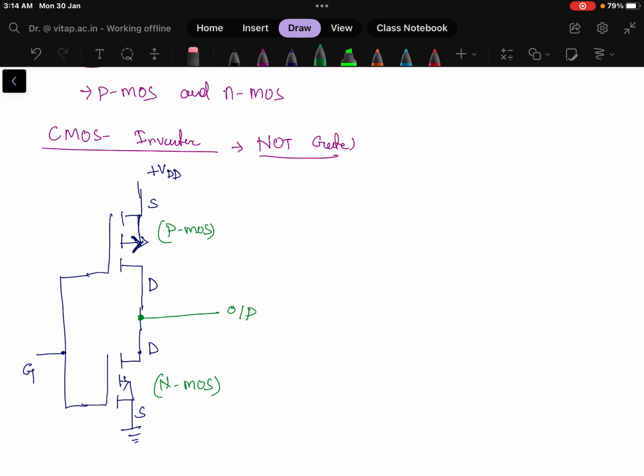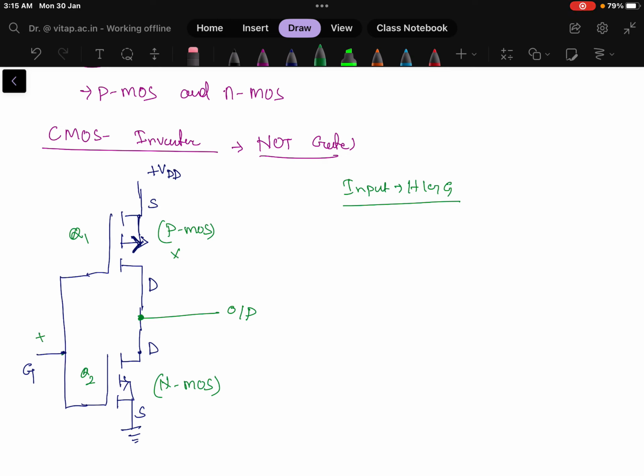Now in the first case, when the input is high, what will happen? Let us take the P channel MOSFET as Q1 and the N channel MOSFET as Q2. The input is high, so Q1 will be switched off. Why?